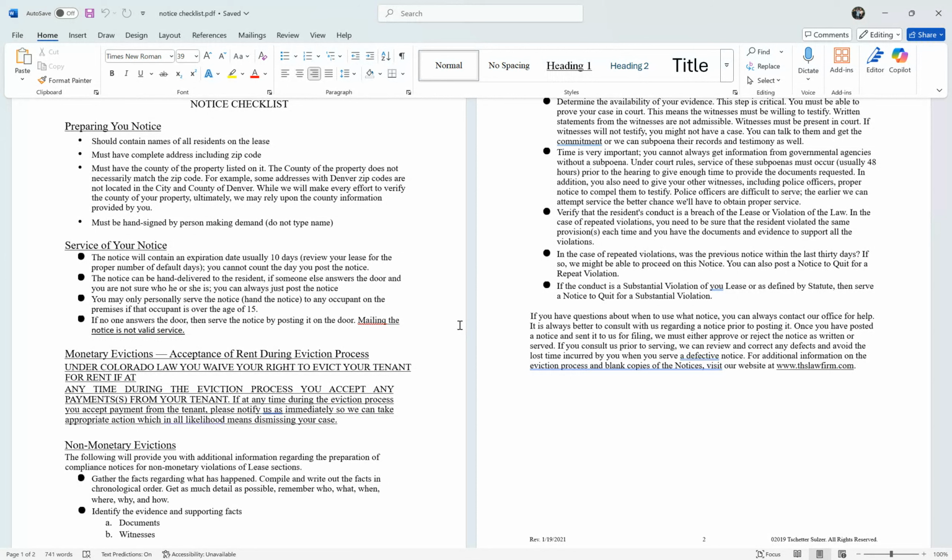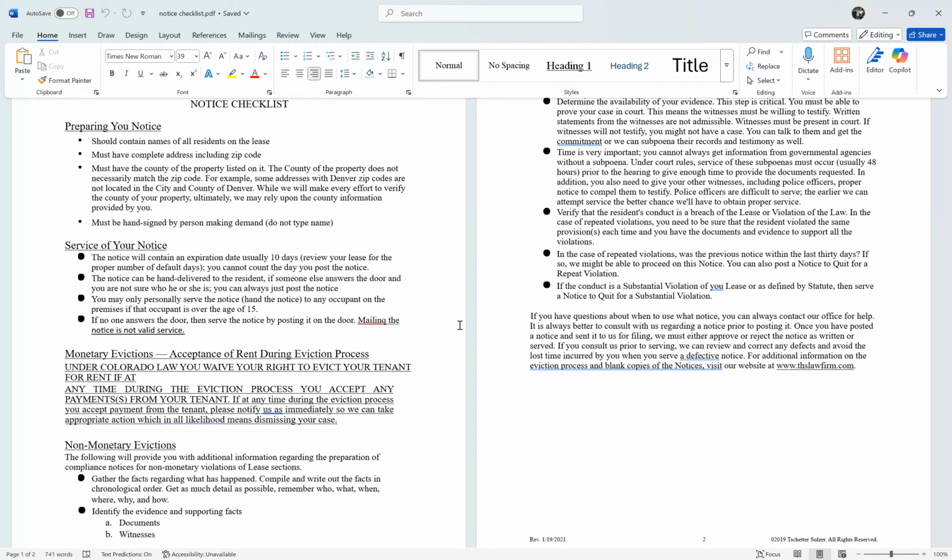Okay, monetary evictions, accepting of rent during the eviction process. Under Colorado law, you waive the right to evict your tenant for rent if at any time during the eviction process you accept any payments from your tenant. How we've learned to mitigate that is on the lease we say that they can only pay on the portal.